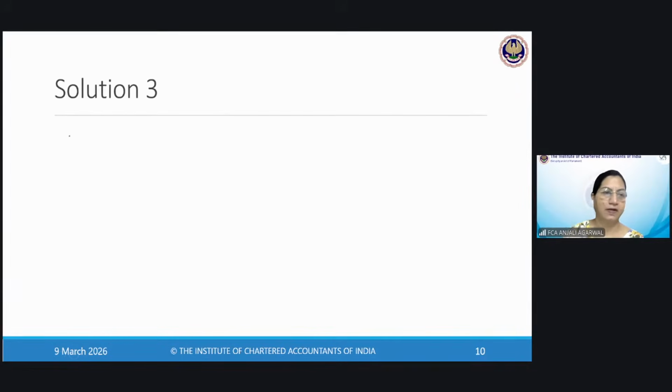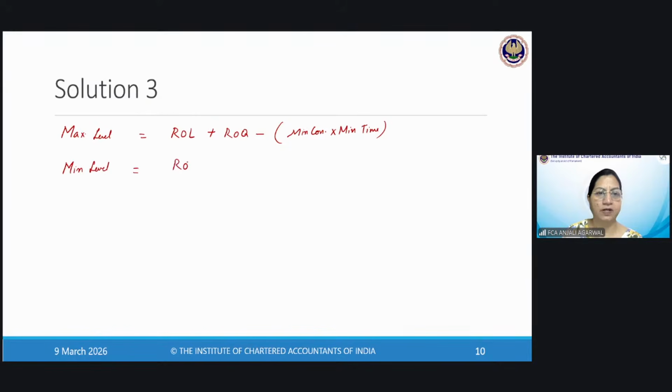Okay. So I'll write again the formula for maximum level, which is reorder level plus reorder quantity minus minimum consumption into minimum time. Minimum level: reorder level minus average consumption into average time.